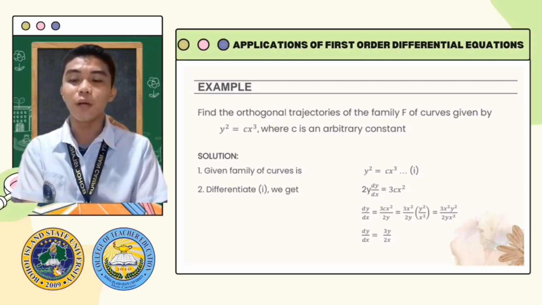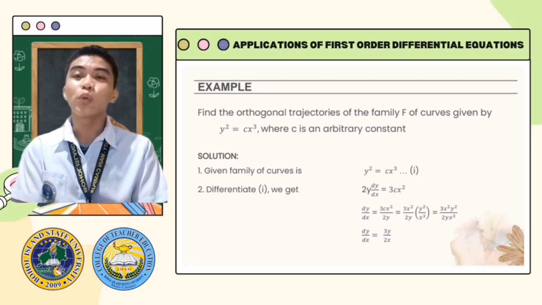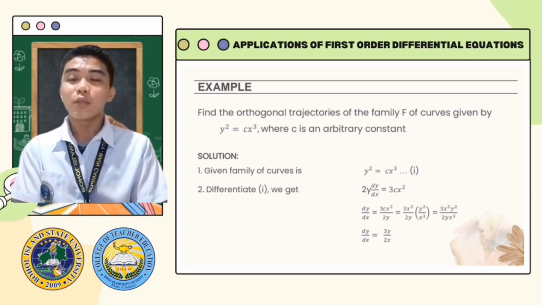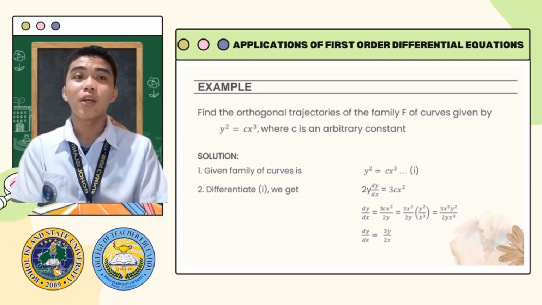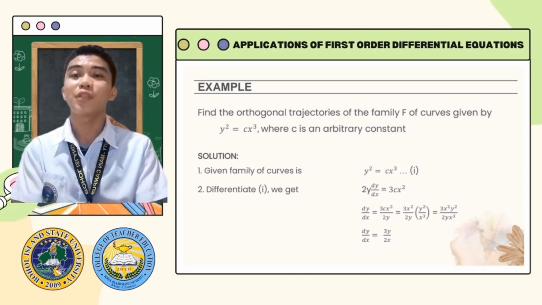Since we are going to eliminate c, because we are looking for the orthogonal trajectory, we will find the value of c. How to find the value of c?